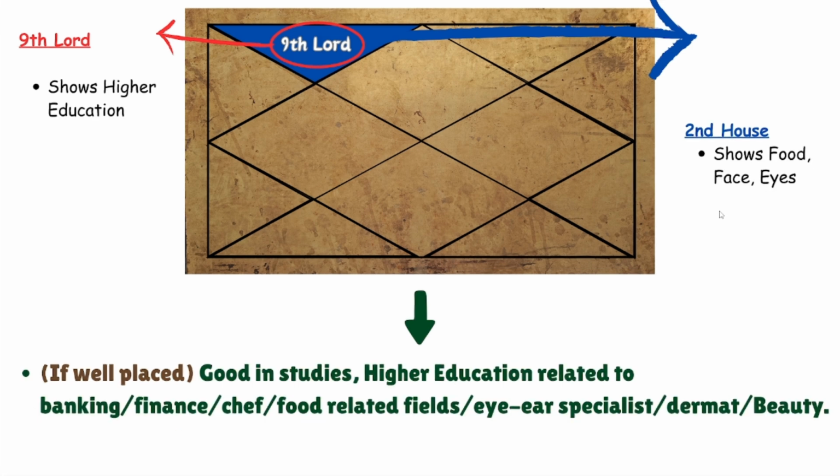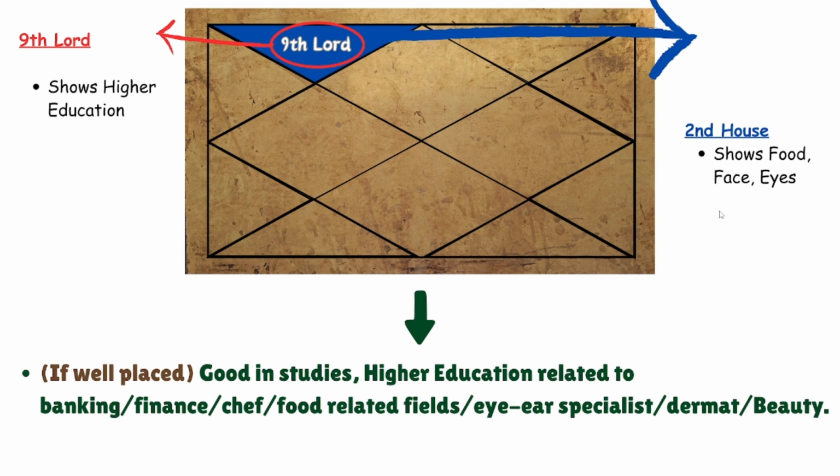Now, ninth lord shows higher education, and second house shows food, face, eyes. Okay, so if this is well placed, then it generally shows both are the Vidya Bhavas. Both of these houses show education. So this generally shows that you are someone who is good in the academic field.